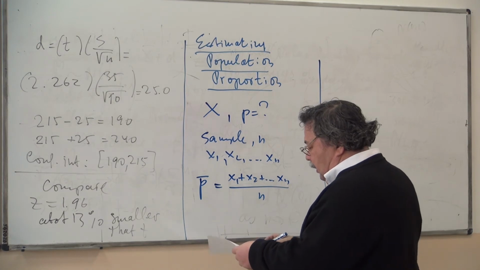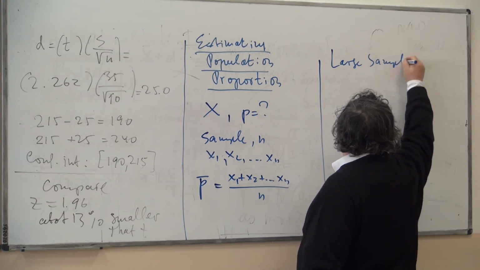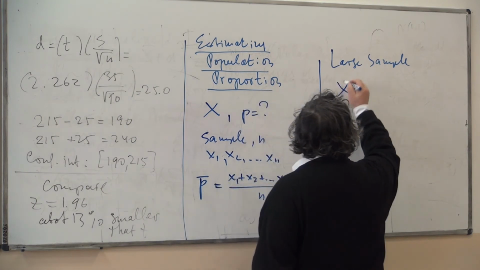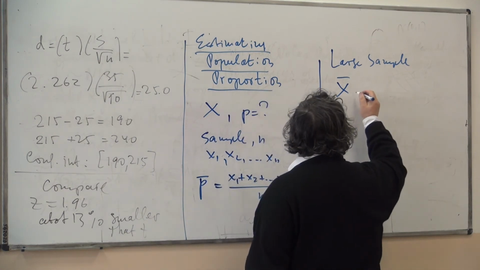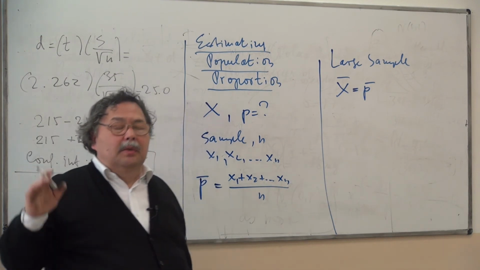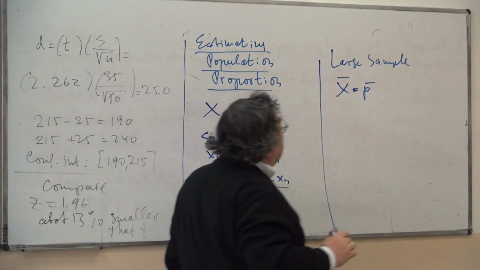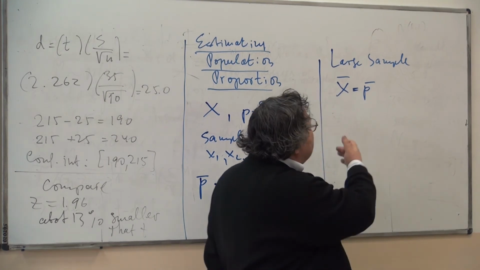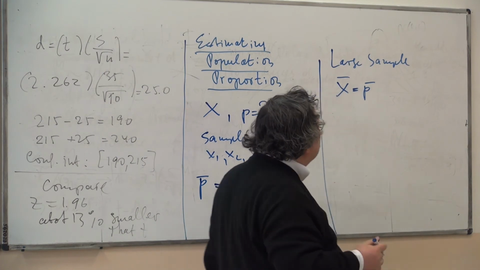All right, and now if we deal with a large sample, then x bar, now when we talk about a Bernoulli type variable, x bar, which is the general term, sample mean, is the same as p bar, which here is called, in this problem, sample proportion.